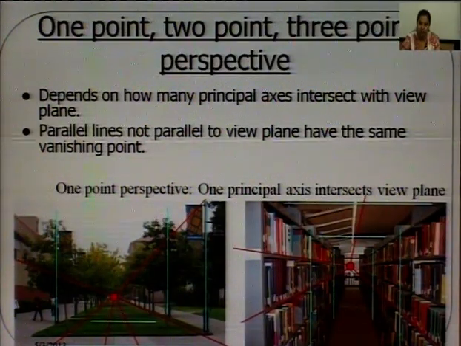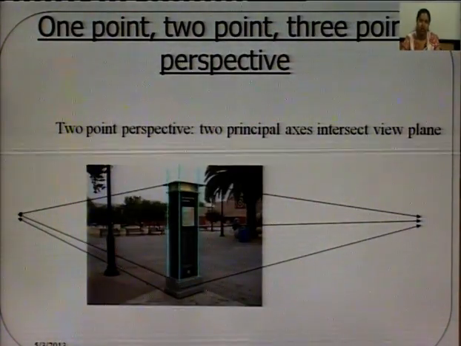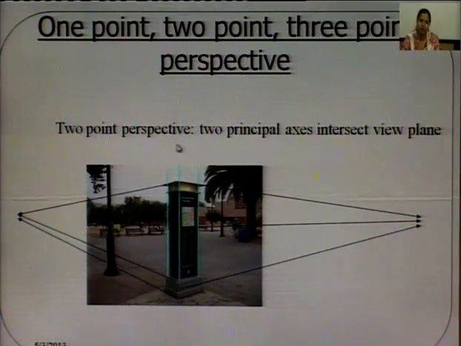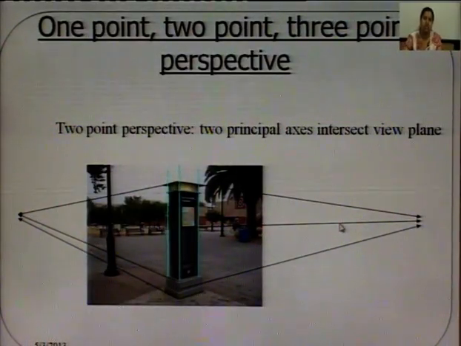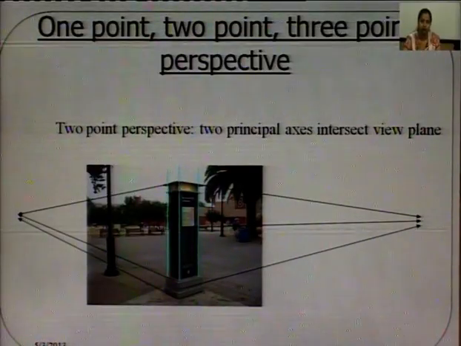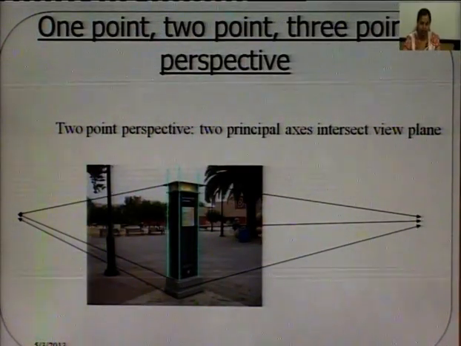In two-point perspective, with vanishing points, two principal axes intersect the view plane. When two principal axes intersect the view plane, then we say it is 2-point perspective.